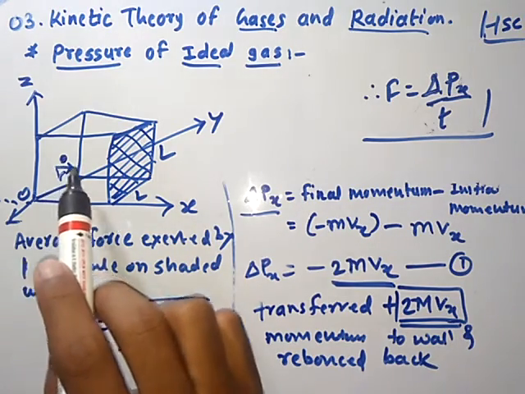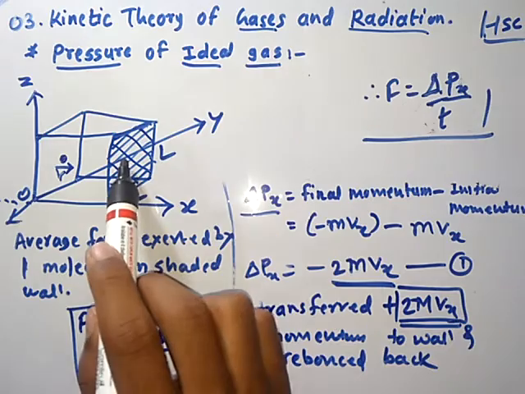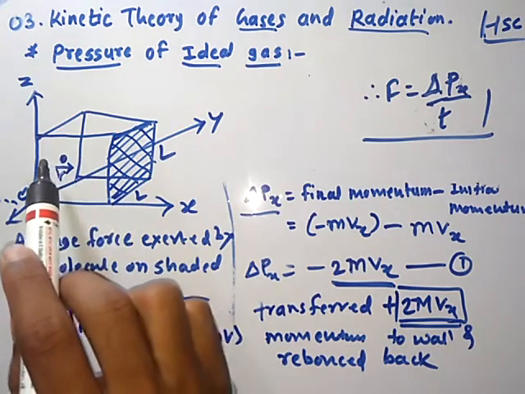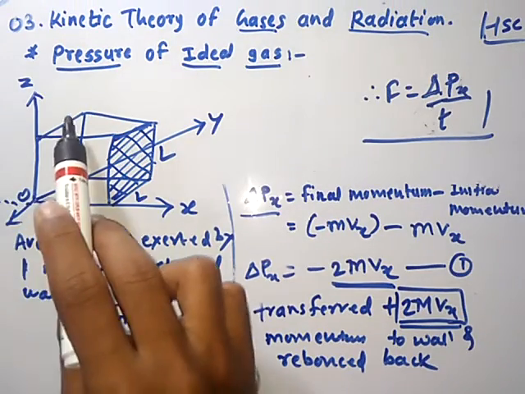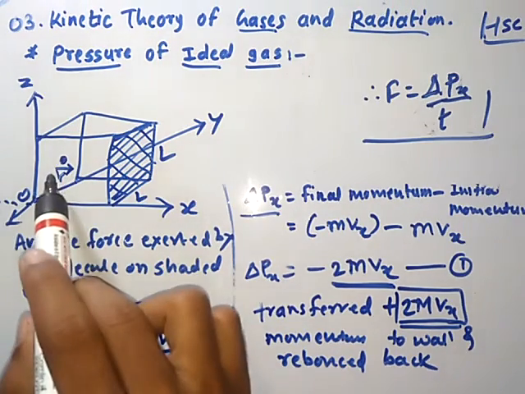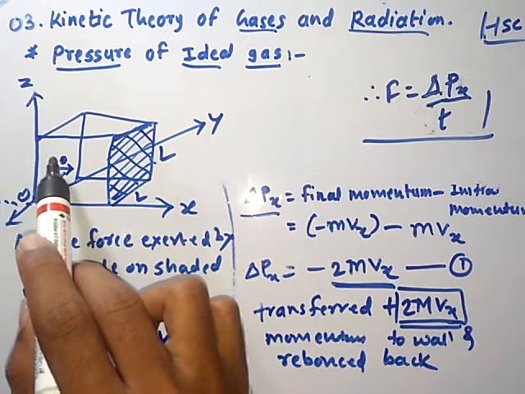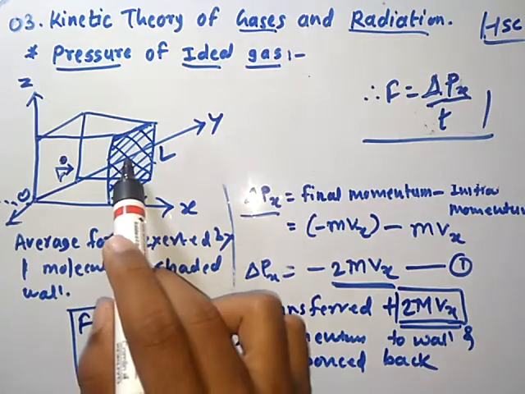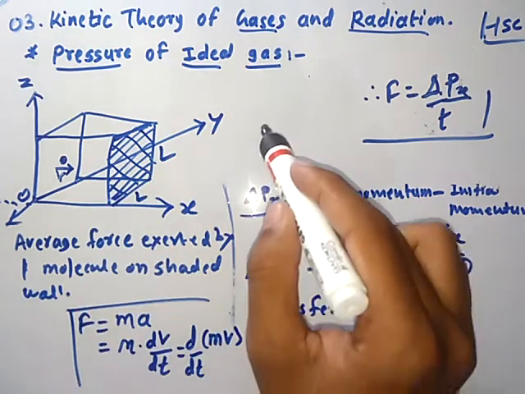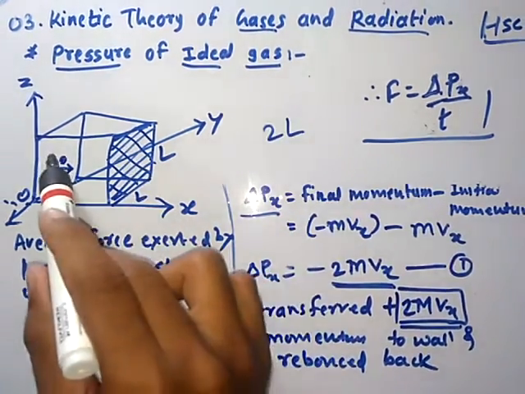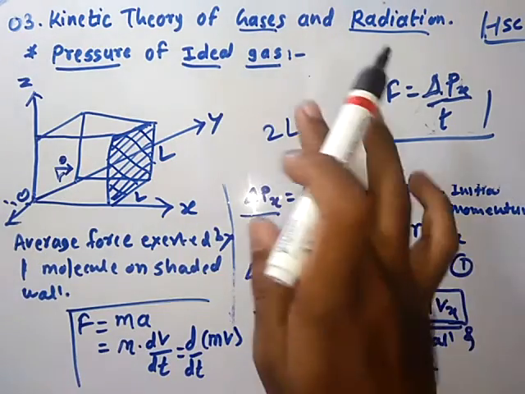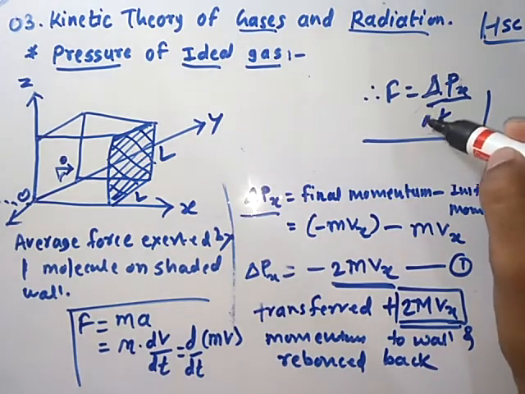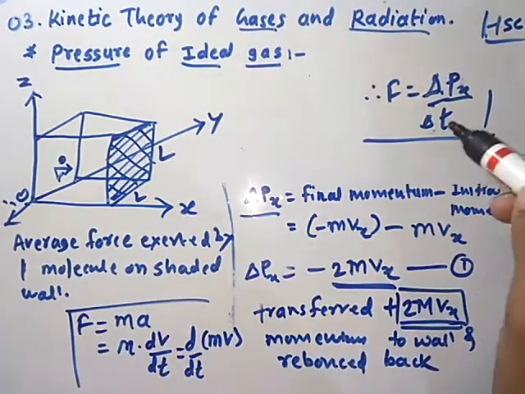See, when this molecule collides on the shaded wall and rebounds back in the negative direction, and again collides on this wall and again rebounds back to the shaded region, it traveled 2 times L distance. This one is L, again L, so 2L is the distance covered in two successive collisions, and the time taken in those two successive collisions is delta t.